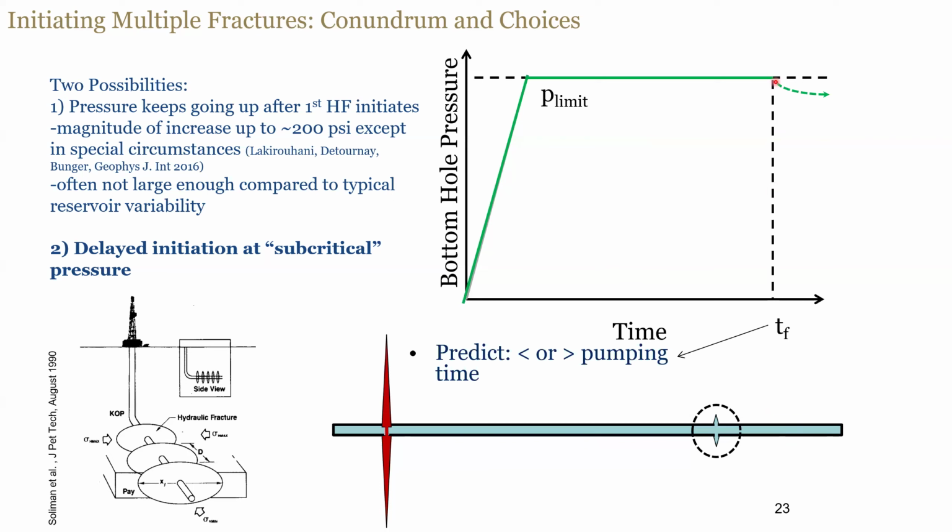And so then the question becomes, is that delay time greater than or less than the pumping time? And can we do something in order to reduce it? Something with fluid chemistry, fluid-rock interaction, fluid viscosity. What can we do to reduce those delay times? Because that could really be important to achieving a uniform stimulation that has fractures growing from all of the entry points.